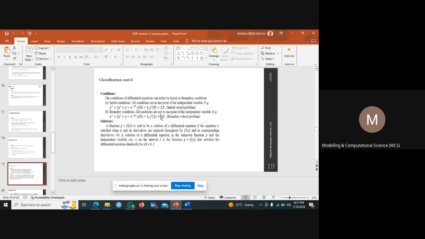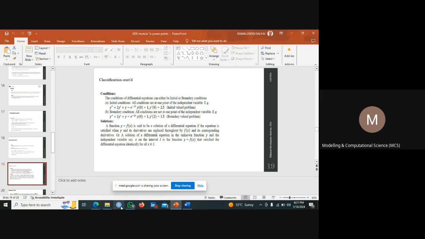All conditions are not at one point of the independent variable. Here they are at a single point, y of 0 equals 1. But with boundary conditions you are given something like y prime of 2 equals 1.5. So the dependent variable takes the number 1.5, while the time here is 2.